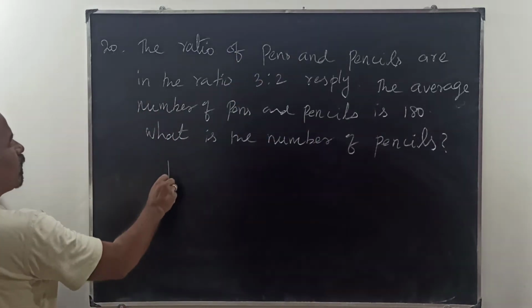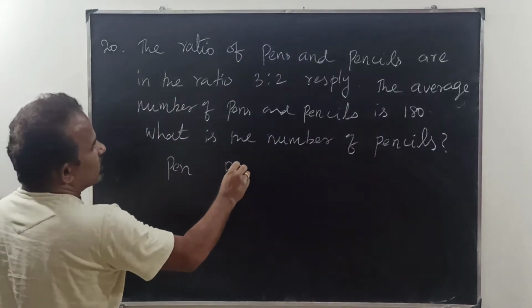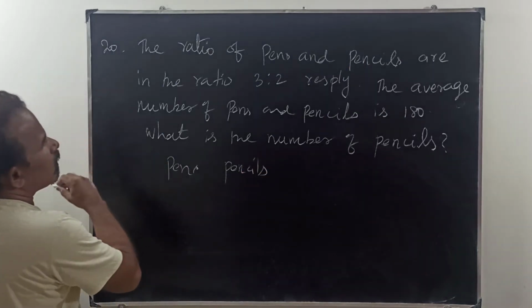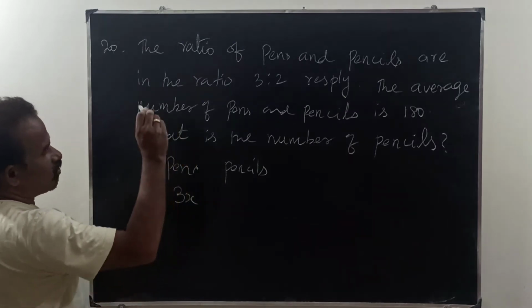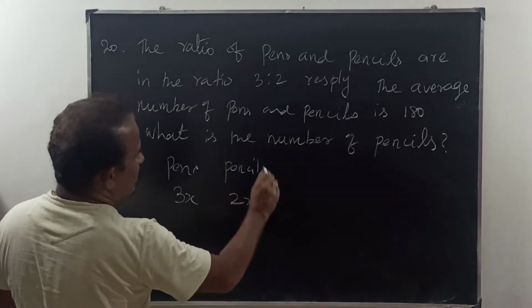Okay. So here the ratio of pens and pencils is 3:2. So initially 3x is the number of pens, 2x is the number of pencils.